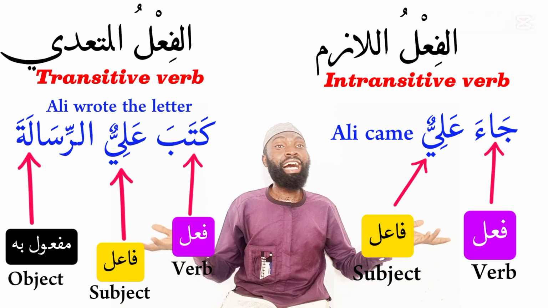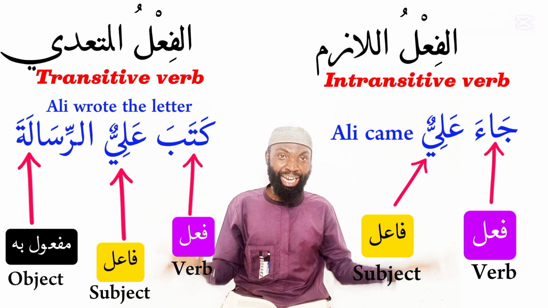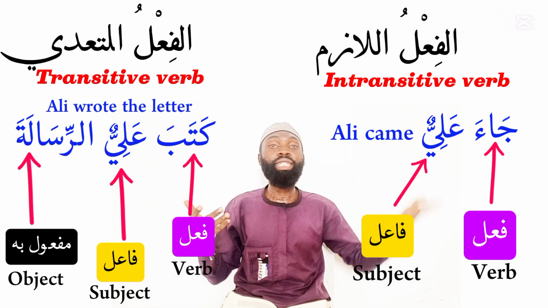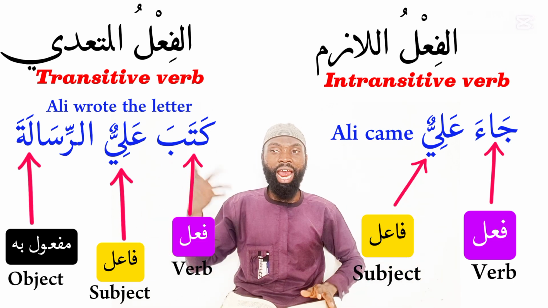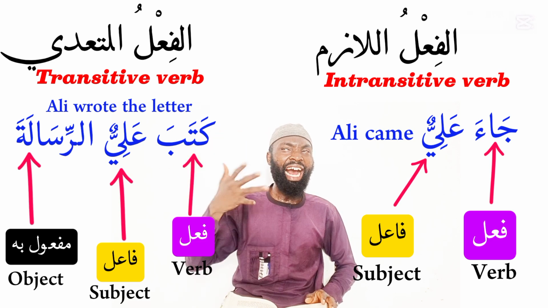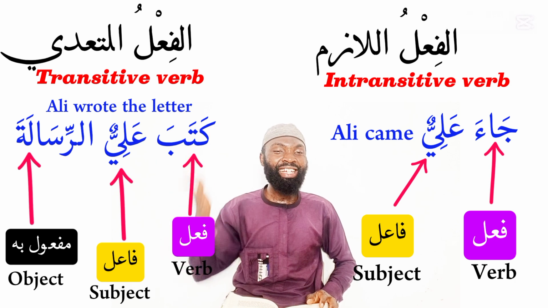When we said Ja'a Aliyun, a complete information is passed. Ali came, so it is complete. You don't need or require any object to make it complete. However, if I say Kataba Aliyun, this is incomplete. Ali wrote. Wrote what? Ar-risalata, he wrote the letter.